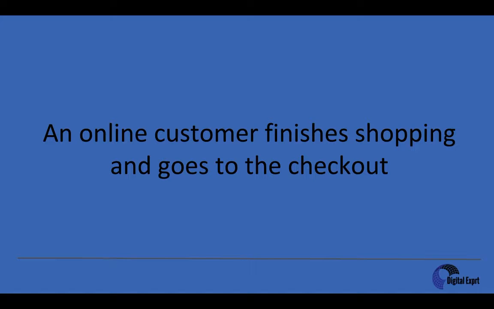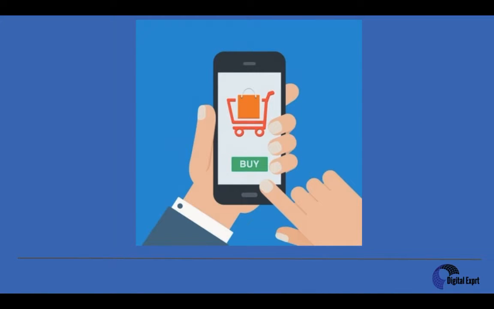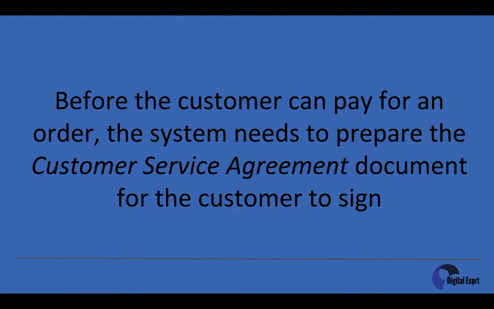Before the customer can pay for an order, let's say that the system needs to prepare something like the customer service agreement document for the customer to sign. So it's not just a straightforward, okay, I'm paying for this and it's going to get shipped to my home address. There's a bit more involved in that. We need to also agree on some service agreement.